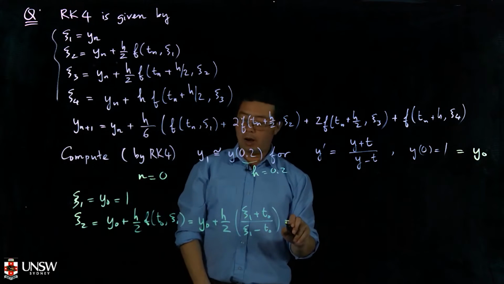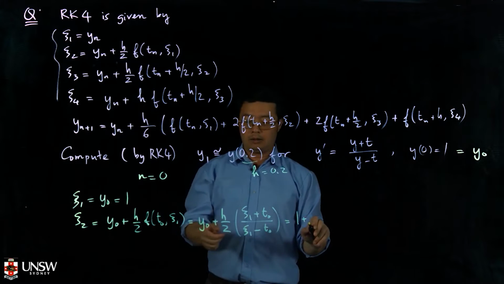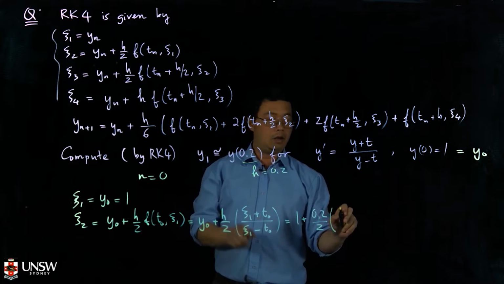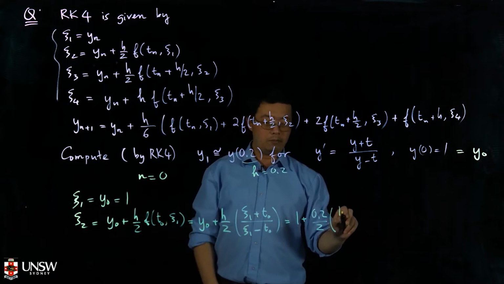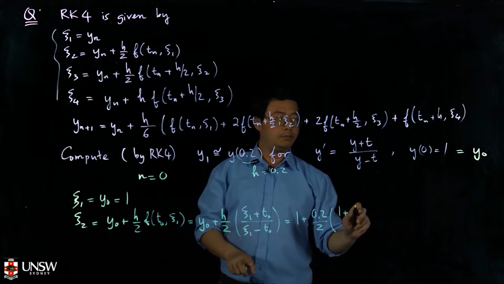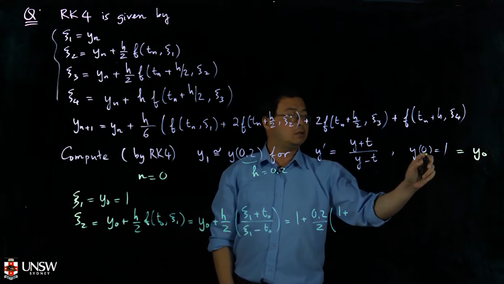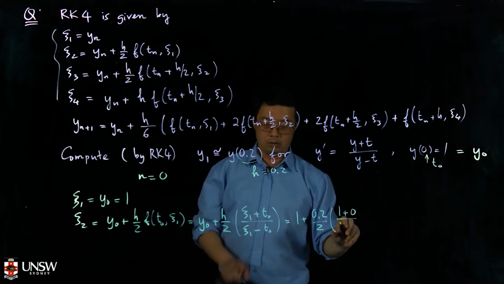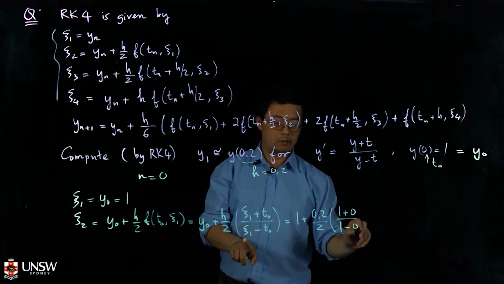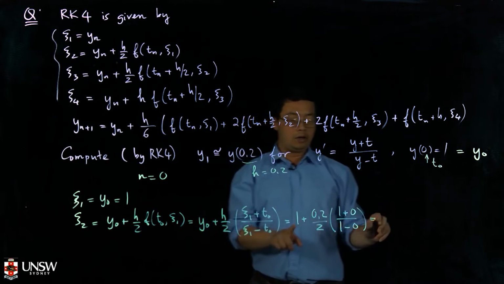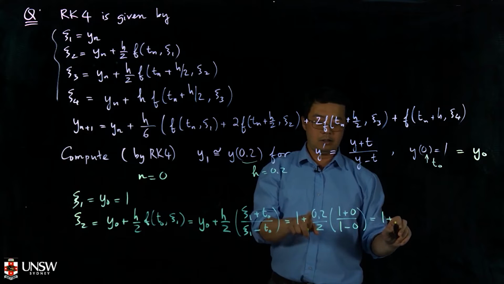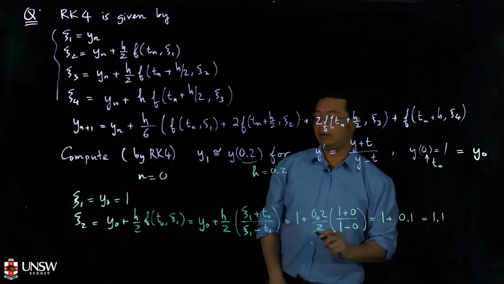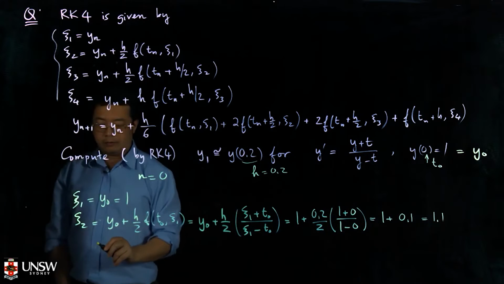Now we plug in the numbers. y0 is 1, h is 0.2 divided by 2, and xi1 is y0, which is 1, plus t0, which is the initial time, 0, over xi1 minus 0. So this equals 1 plus 0.1 times 1, so equal to 1.1.